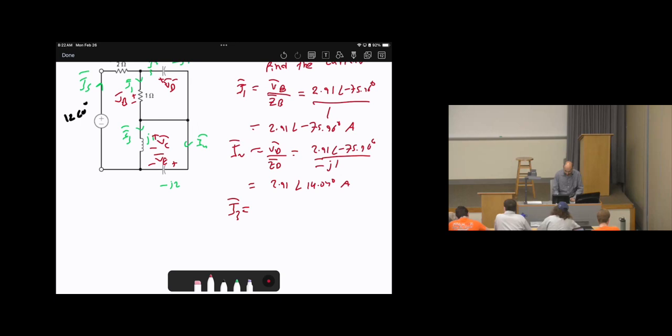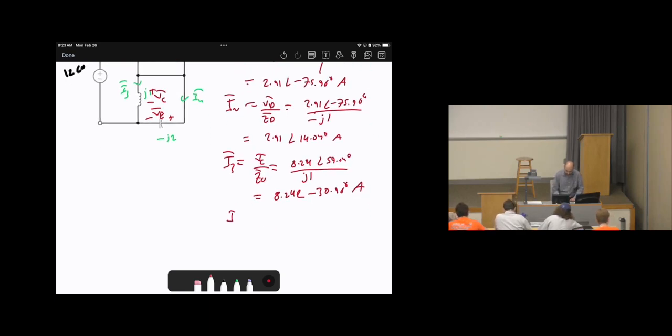How about I3? I3 is associated with VC, so it will be VC bar divided by ZC bar. We calculated VC bar as 8.24 angle 59.04 degrees, divided by ZC bar, which is J1. So the answer will be 8.24 angle negative 30.96 degrees amperes.